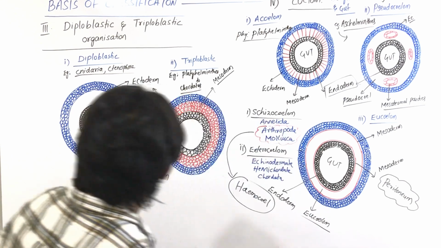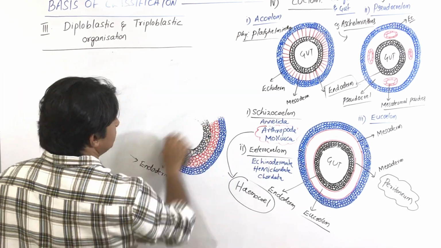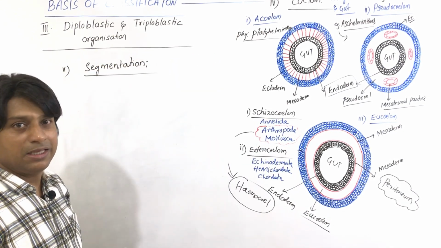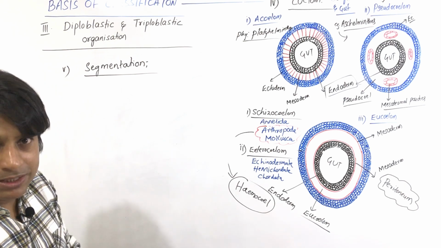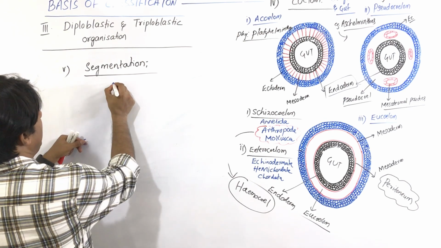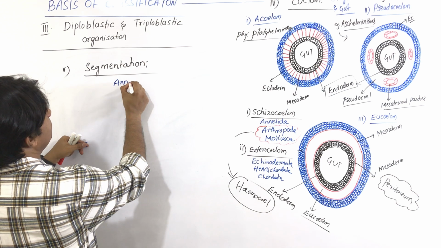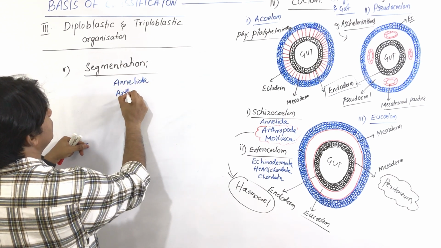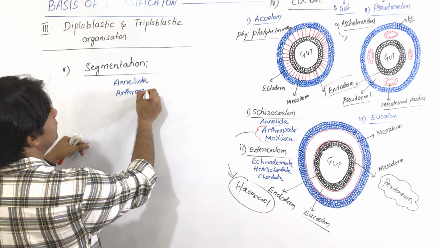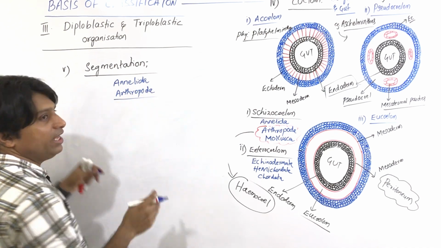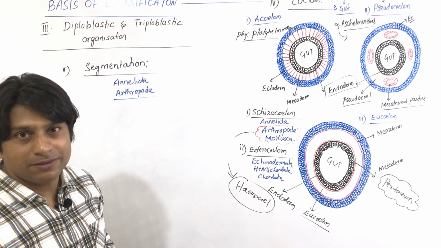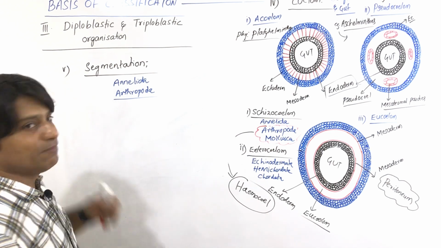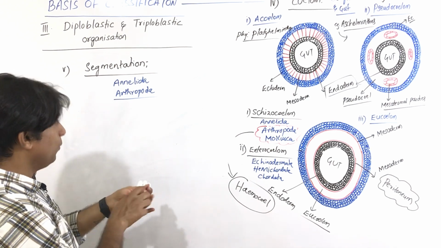Next, in animals like annelids in phylum Annelida and phylum Arthropoda, the body is divided into segments. This is what we call segmentation.